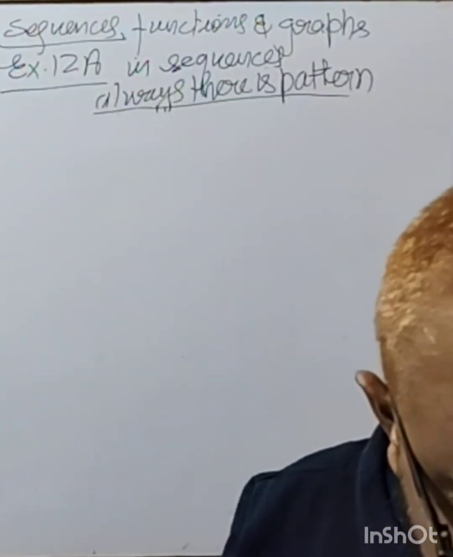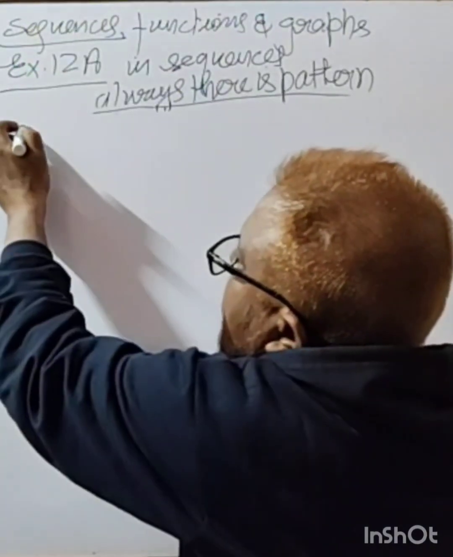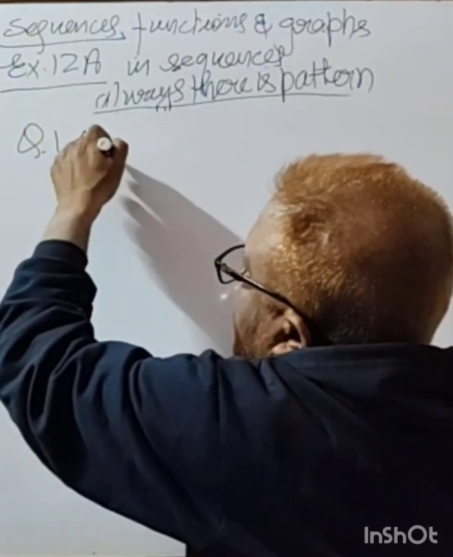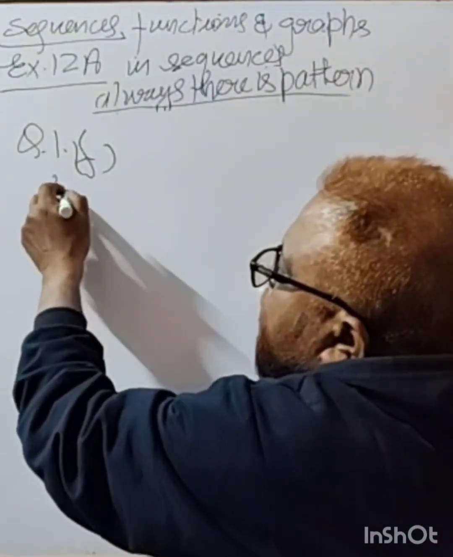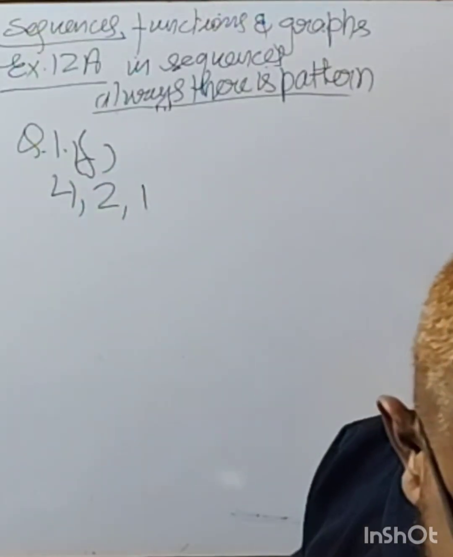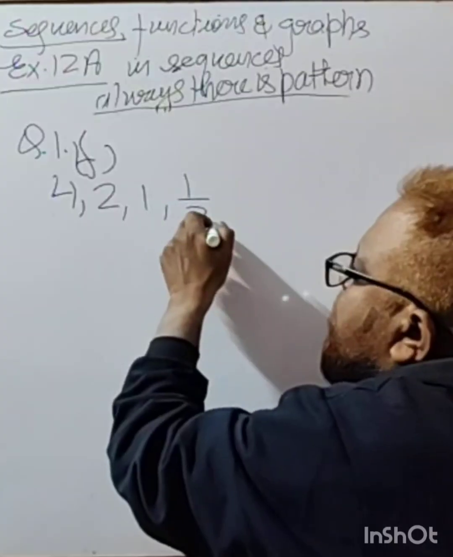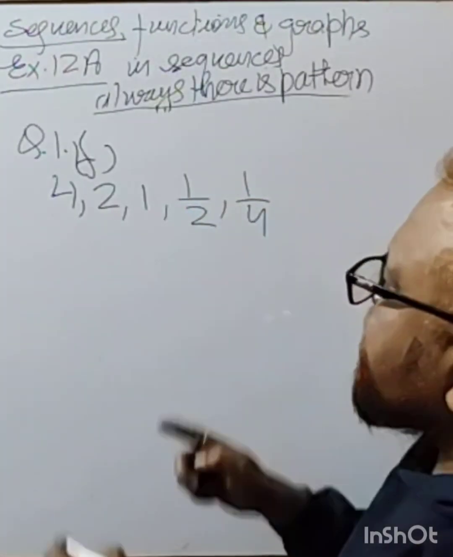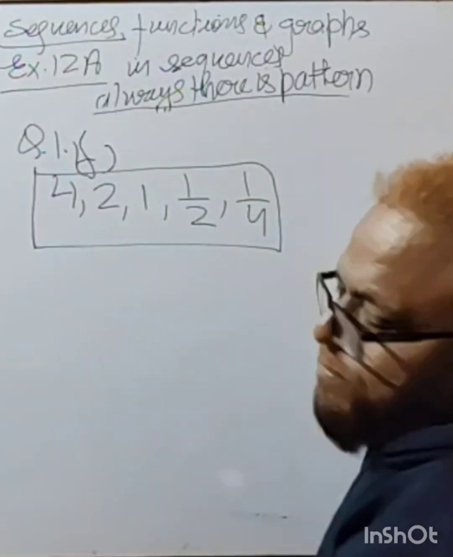So now we have question number 1F. That is 4, 2, 1, 1 by 2, 1 upon 4. So what kind of sequence will it be? Can you tell me?